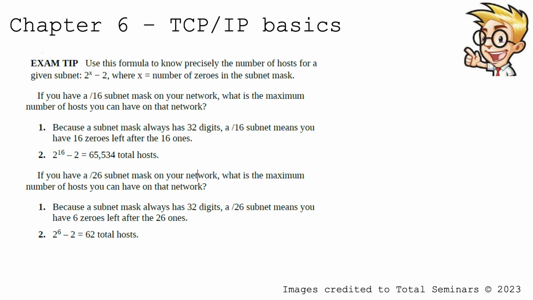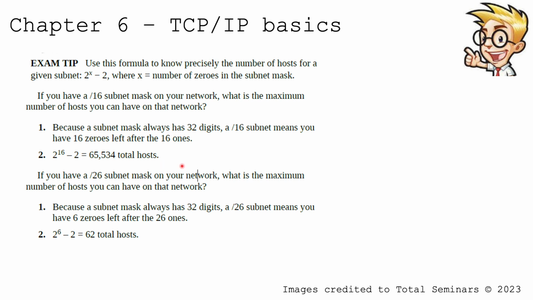So let's take any number that you want. For example, let's use a CIDR 16 subnet mask. We're going to take the exponent of 16 minus itself, so really it's just 15. 2 to the 15th power means you get 65,534 total hosts.